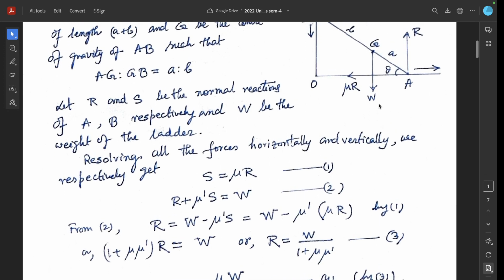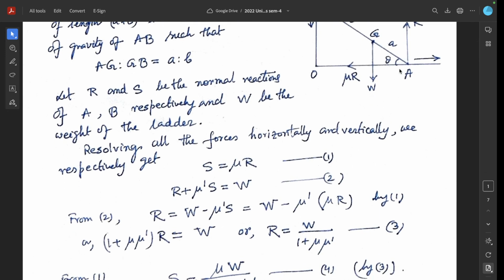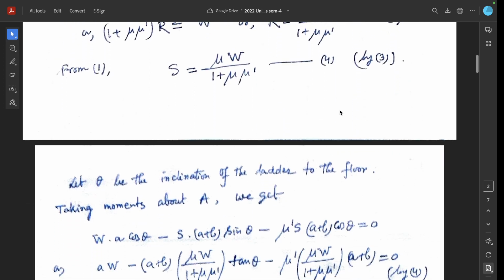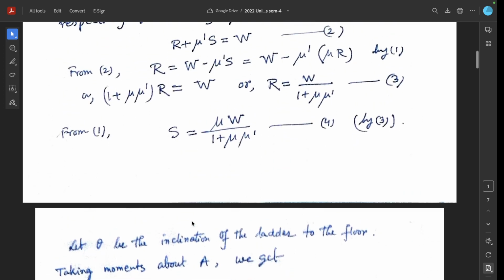So the moment of W about A equals W a cos theta.